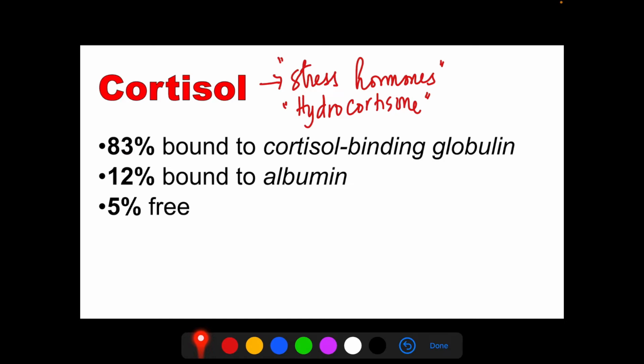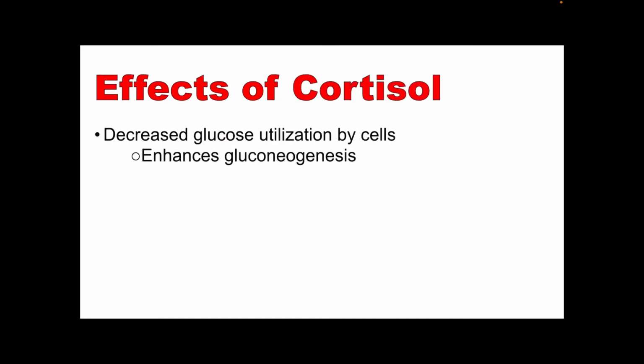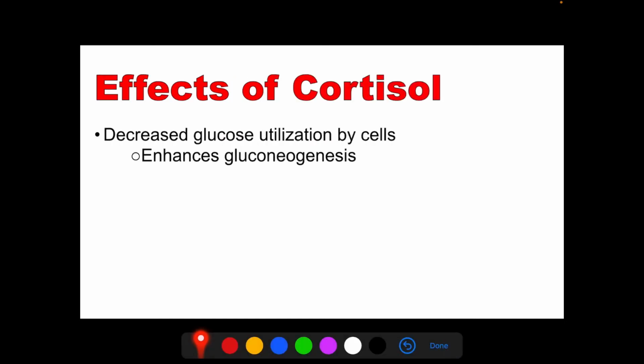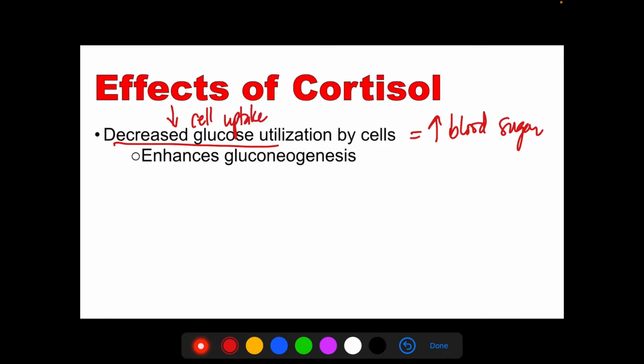And next one, this cortisol, what is the function of this one? As stated in here, it decreases glucose utilization by cells. Remember, cortisol increases blood sugar level. So that means it could increase the blood sugar level because it decreases the cellular uptake. I hope you can still remember this one.